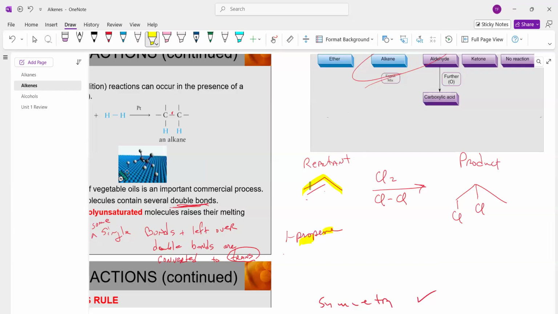On the product side, we still have a 3-carbon backbone. Most of the time, the backbone stays the same: 3 carbons, 3 carbons. Start with 3 carbons, end with 3 carbons.